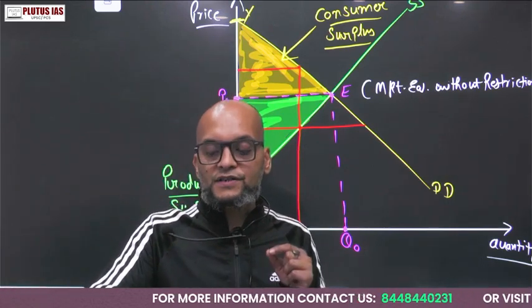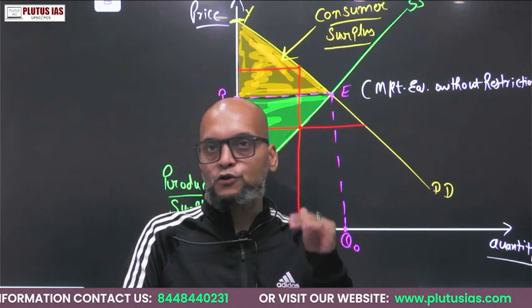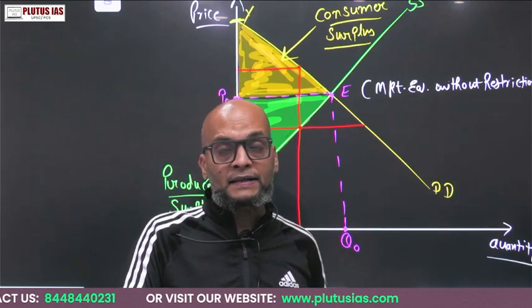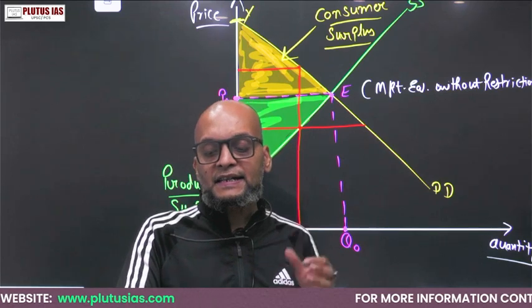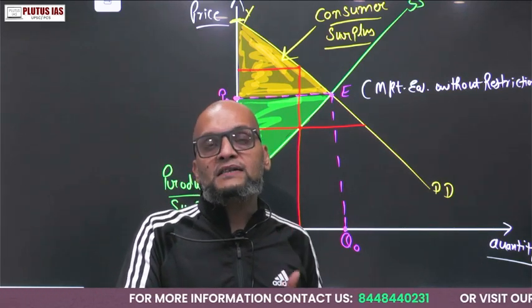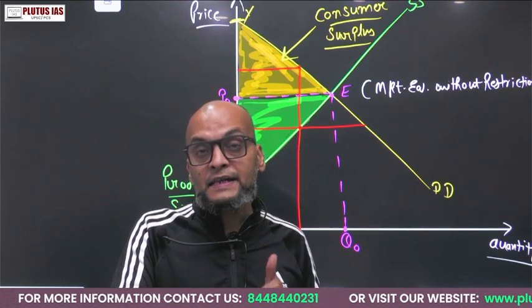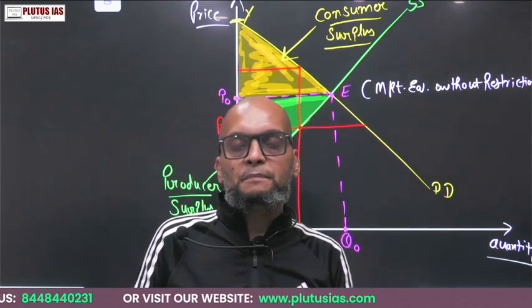Now please see guys, I want to discuss a few things first. Pay attention. What will happen due to this price ceiling? We understood what price ceiling is, why it is done. So first of all, it is a thumb rule that whenever price ceiling will be done, first let's talk about producer surplus, then we will talk about consumer surplus as well.